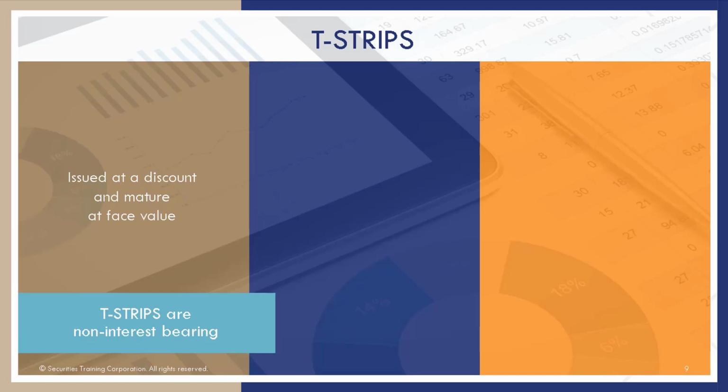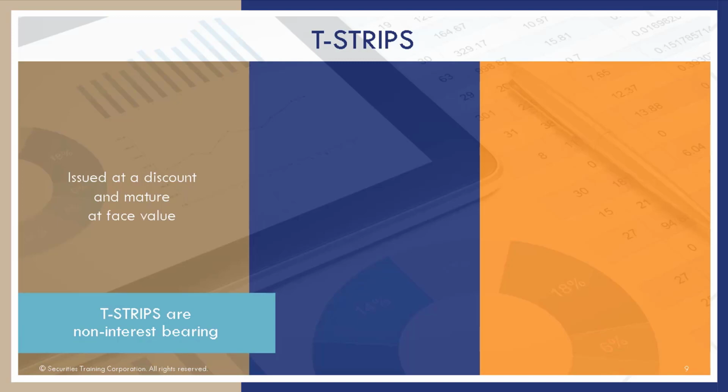STRIPS actually stands for separate trading of registered interest and principal securities, although everybody just calls them STRIPS. So what it does is it considers each payment its own security and sells each one as a zero coupon instrument.